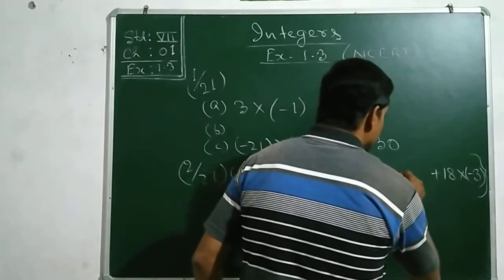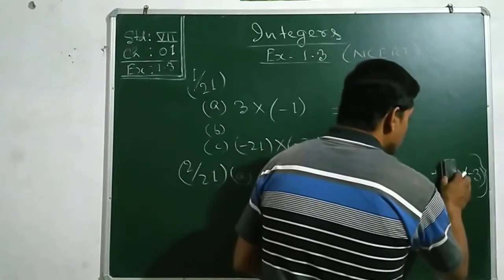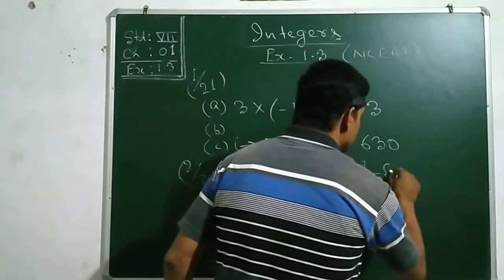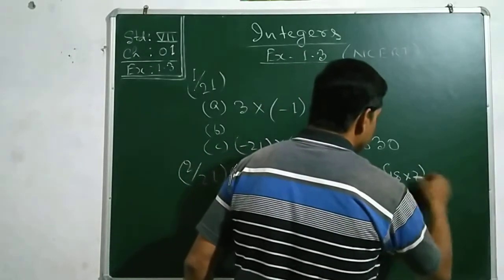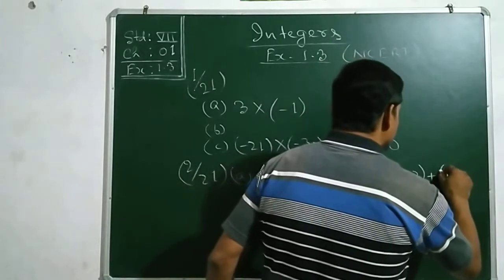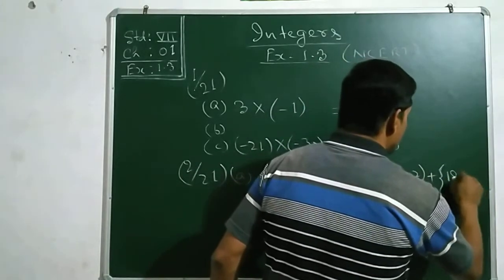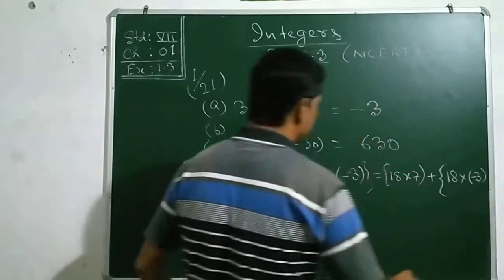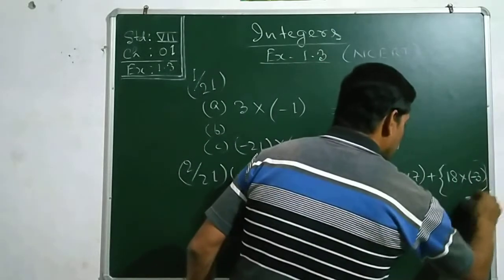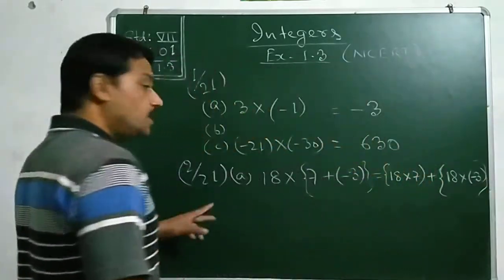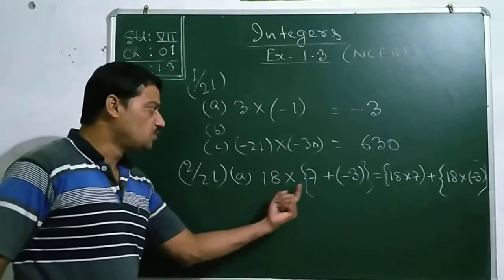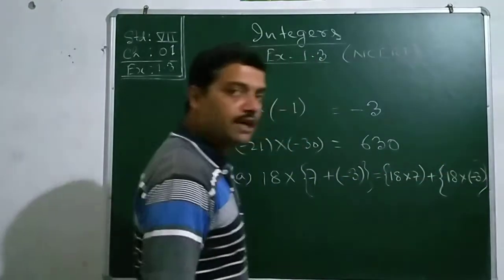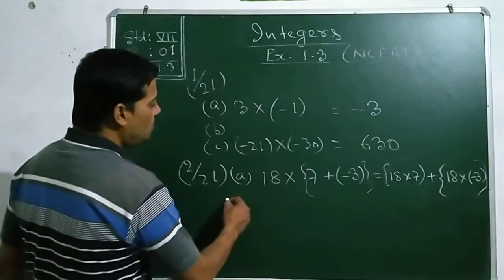It is 18 into 7 plus 18 into minus 3, and finally the bracket closed. If you remember the distributive property, A into B plus C is equal to A into B plus A into C, that we had already verified in the previous class. Similarly, you will verify it.